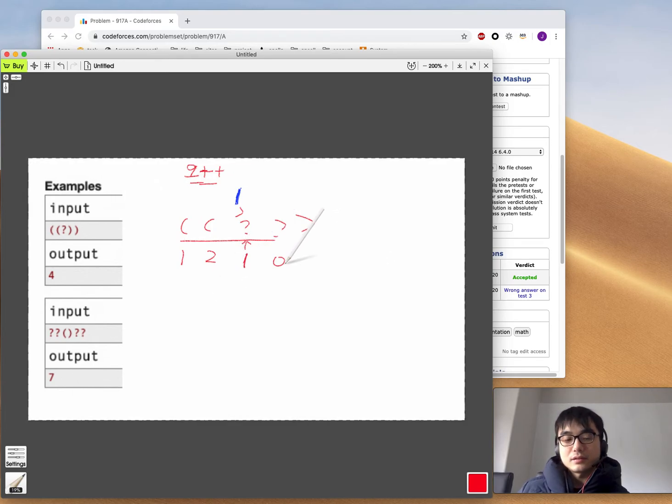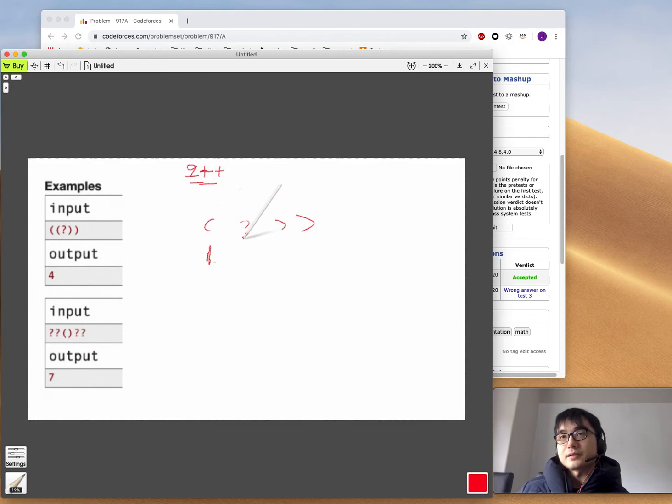And what if we get a substring like this, right? So when the pointer is here, the counter is 1, right? 1 left parenthesis.